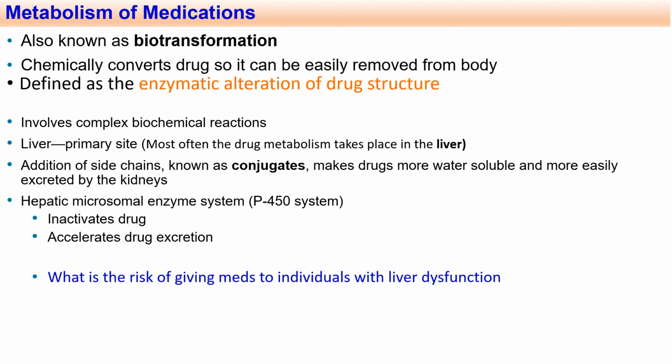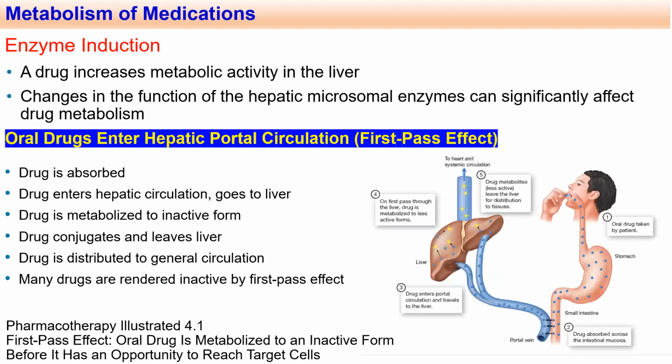It's called prodrugs. And the risk of giving medications to individuals with liver dysfunction is that the drug will have difficulty being metabolized by the liver, and may result in toxicity.